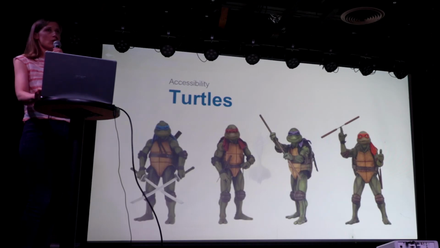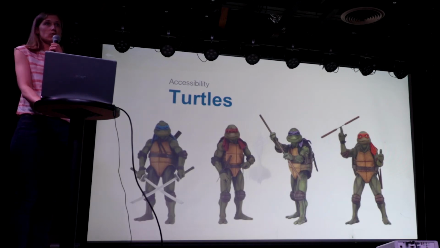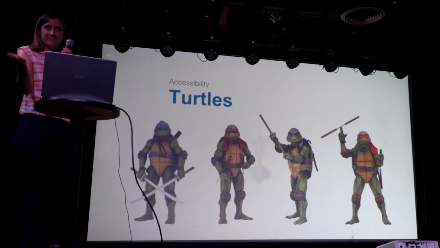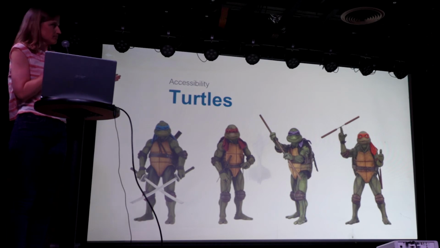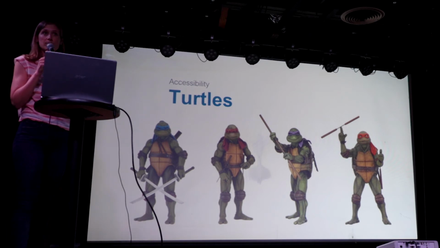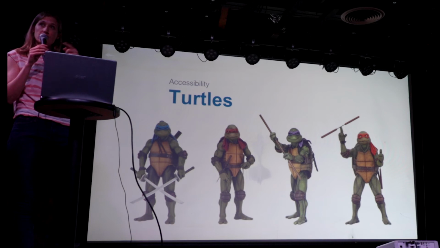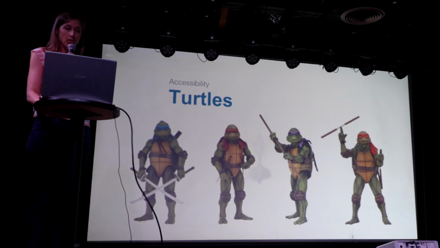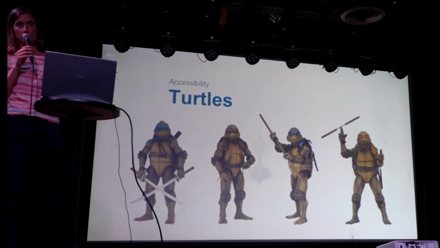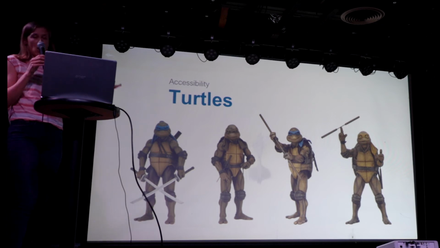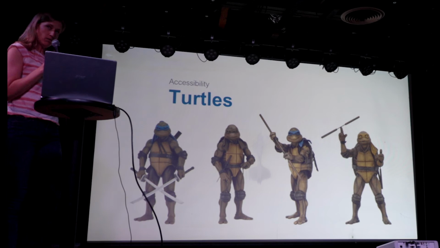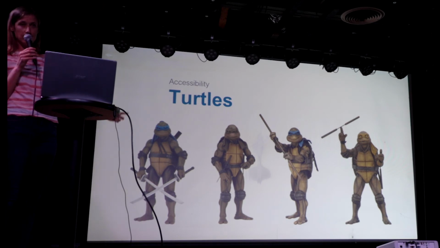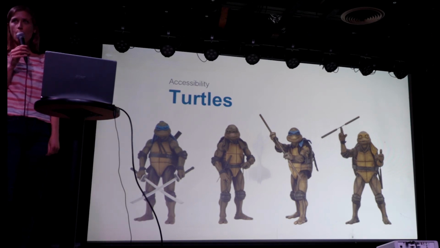And again, if we think about the turtles, they sort of look the same. I'm sorry if you are a turtle fan, but I look at a turtle and I'm like, I don't know. And so far, all that we've talked about is relying on color to differentiate between these 4. Now I've put the turtles through a color vision deficiency simulator. But if you notice, we can still tell exactly who is who because of their weapons.